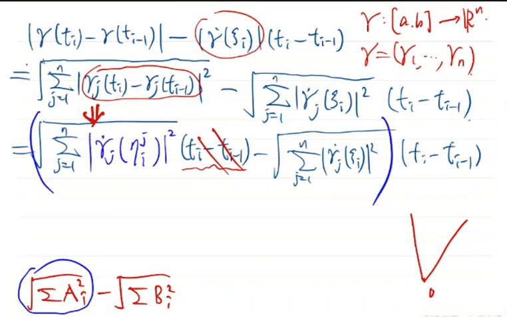So this is the point A, this is the point B. The first term, the square root of the sum of ai squared, is the distance of A to the origin, right? And the second square root is the distance of B to the origin. The difference of these two distances will not be greater than the distance between A and B. Triangle inequality.